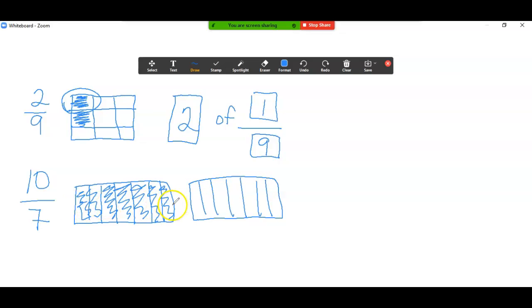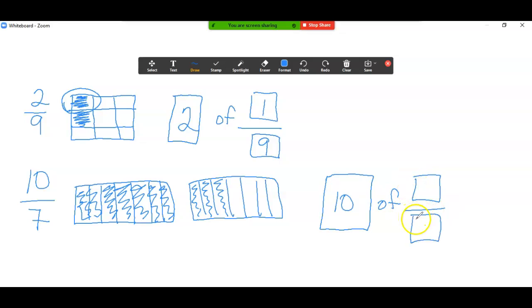So if this is 7, 8, 9, 10. How many groups do I have? Okay. Well, for today, that just means how many pieces. So there's 10 pieces, okay? And what is the fraction we're dealing with? 1/7, okay?